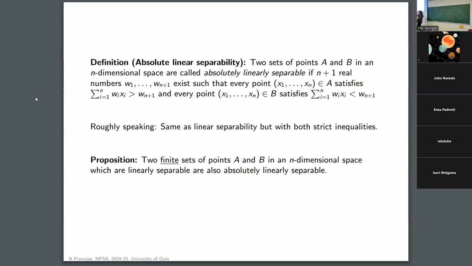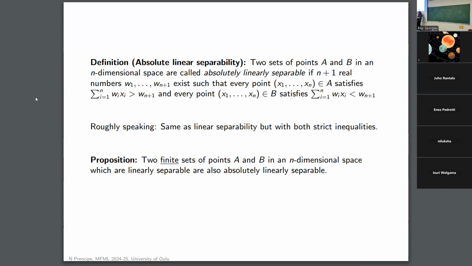That's the same definition as before, but there is a strict greater instead of greater or equal. Also, this is true when the input is in R2, but if the input is finite points, those two notions are kind of the same. Given a line that touches some of the points, if I move it a little bit so it doesn't touch them, it's fine. So if you have two finite sets A and B in an n-dimensional space that are linearly separable, so I can find a hyperplane that touches some of them and separates them, then they are also absolutely linearly separable.